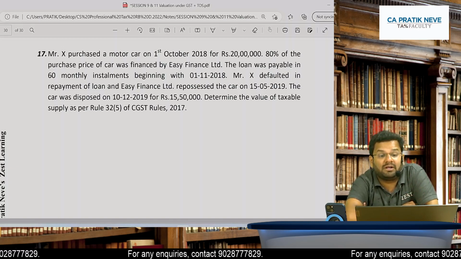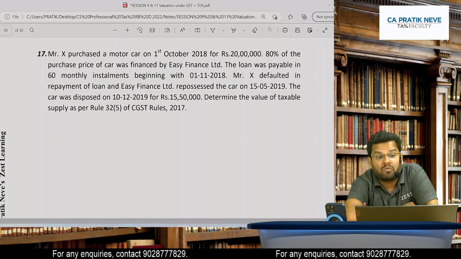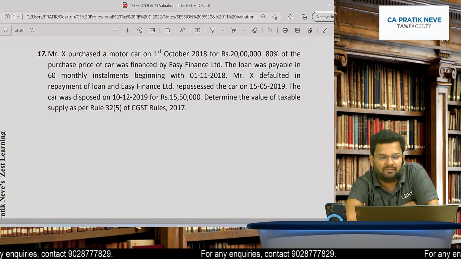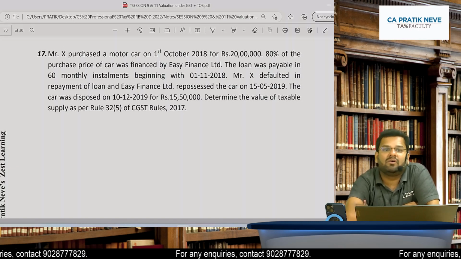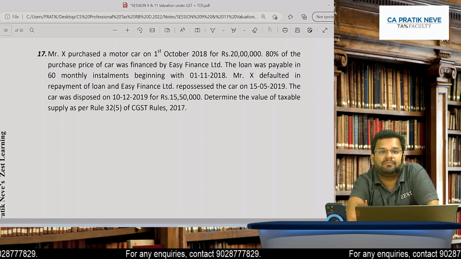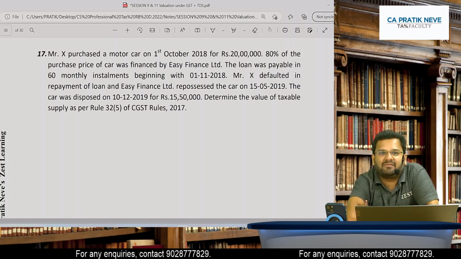Mr. X defaulted in repayment of loan and Easy Finance Limited repossessed the car. Car was disposed on 10 December 2019 for 15,50,000. Now friends, what did you understand? What is 15,50,000?